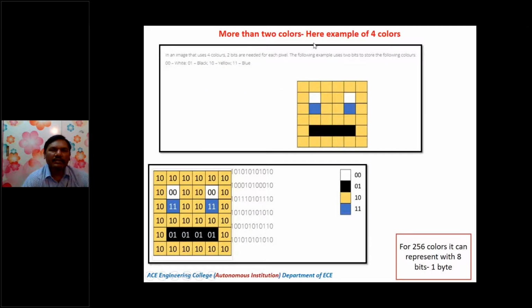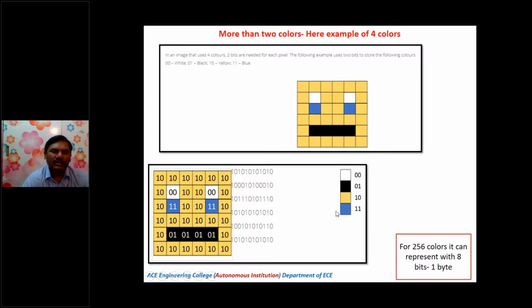And here we are taking more than two colors. Suppose I have four colors, and these four colors are represented with two bits. If it is yellow, they are taking it as 1 0. Here you can see that. If it is white color, it is represented as 0 0. If it is black color, it is represented as 0 1.